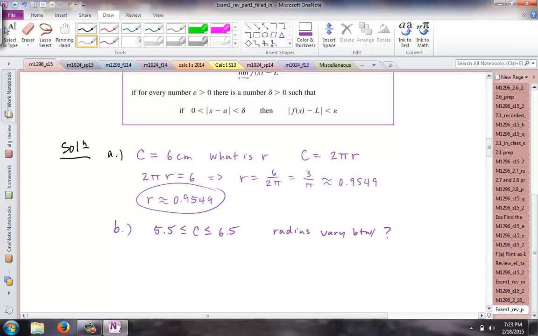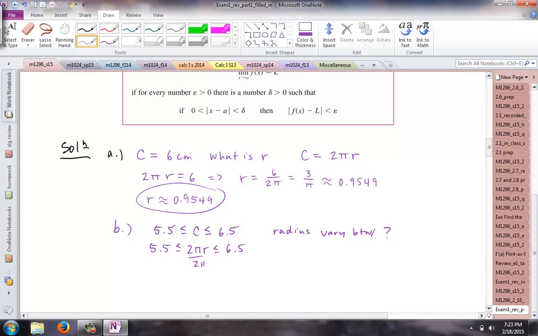So since we have the circumference formula that's in terms of the radius, we can do this with this inequality we started with. So C is equal to 2 pi r. Just plug that in for C. And then now we have a compound inequality that we can just solve for r. And that's the answer.